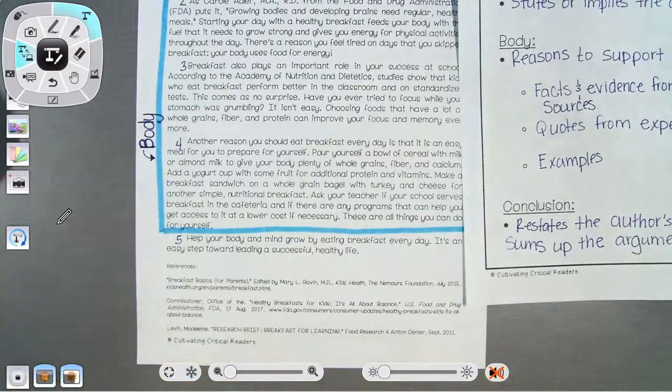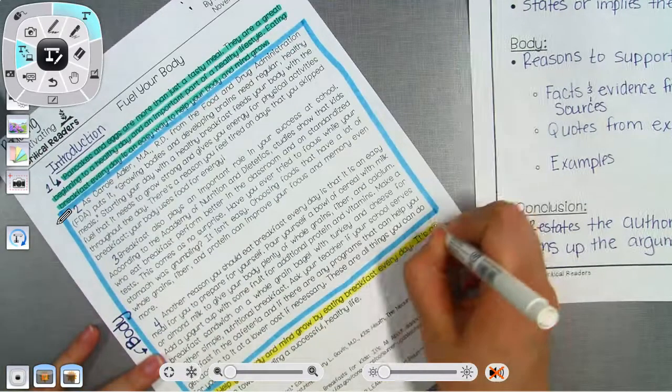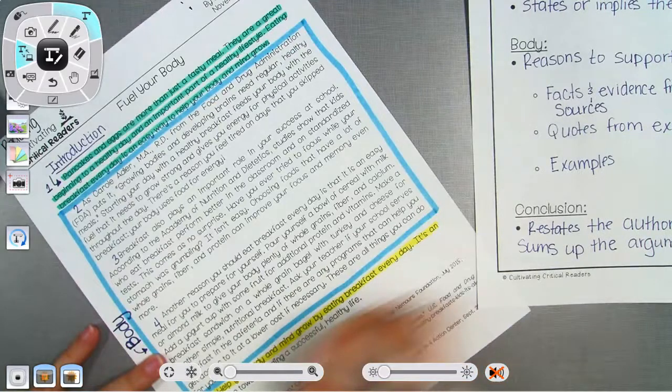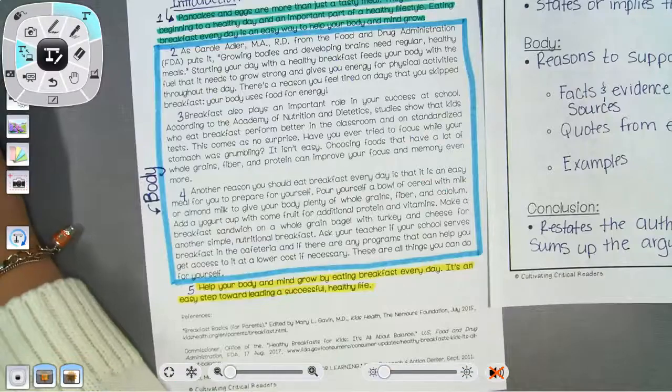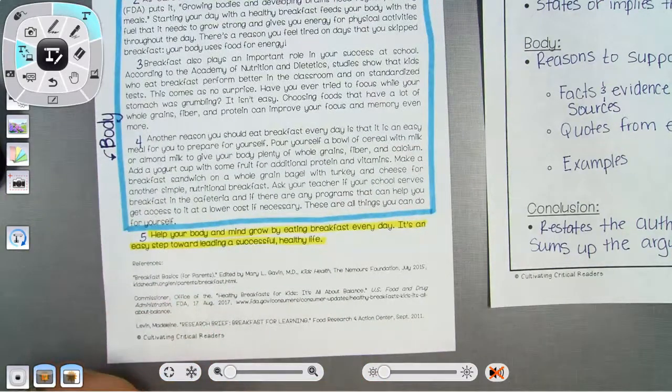Okay, so our conclusion is going to be this last paragraph, and I'm going to highlight that in yellow. But I'm going to highlight this because there's not much to highlight. So here is our conclusion, and it says, "Help your body and mind grow by eating breakfast every day. It's an easy step towards leading a successful, healthy life."